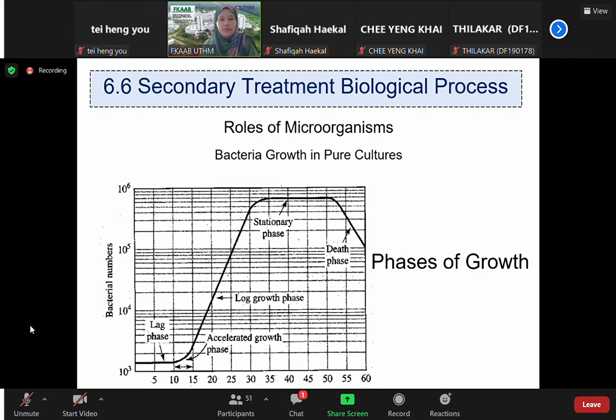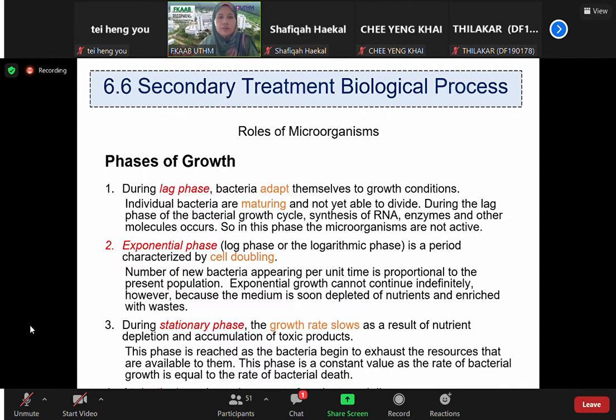So this is the phase of the growth of the microorganisms. So you can have a look here. Mungkin macam mana cells tu doubling, right? First macam mana dia grow, the growth condition and do the maturing, and then ada stationary phase, where the growth is very slow because of the lack of nutrients, and there is a lot of toxin product that makes the stationary phase occur quite prominently.